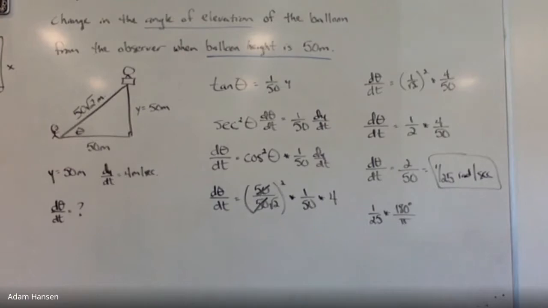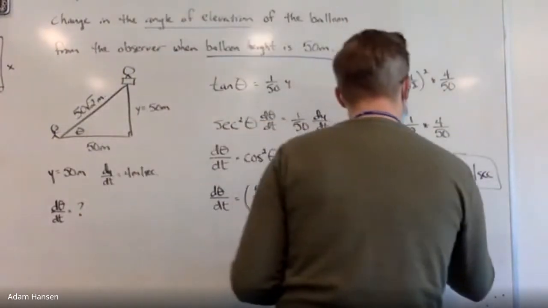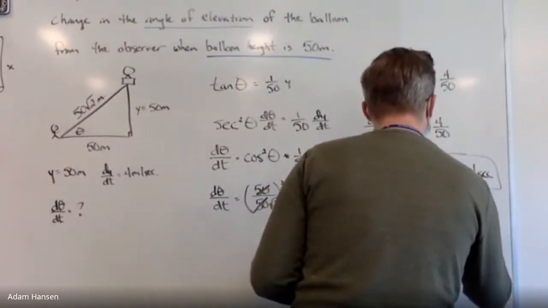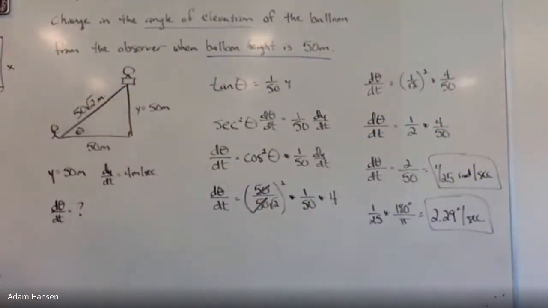Let's convert this back into a degree measure. Otherwise, I don't know what my answer really is. 180 divided by 25 pi is about 2.29 degrees per second. Well, do you want to give it in terms of radians per second or degrees per second? There you go. My head is tilting up at approximately 2.29 degrees per second as this balloon rises.